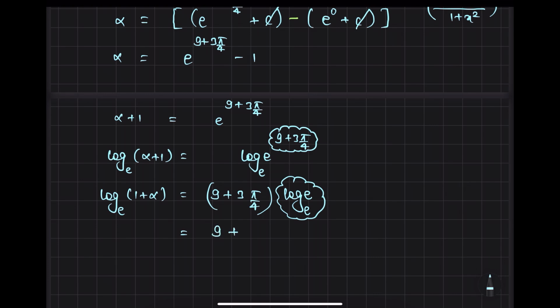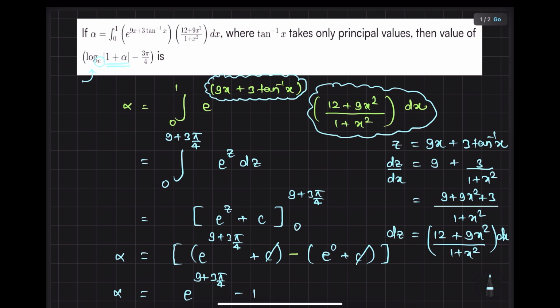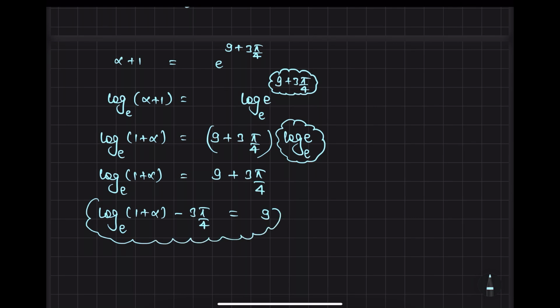So (9 plus 3 pi by 4) equals log base e of (1 plus alpha). Now what do we want? We want minus 3 pi by 4. So can I subtract 3 pi by 4 from both sides? So log base e of (1 plus alpha) minus 3 pi by 4 is equal to 9. Okay, so the required result is 9.